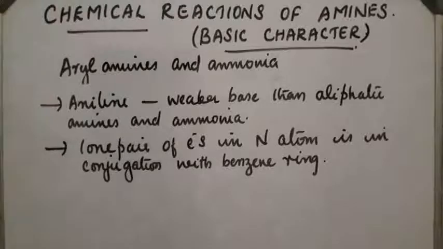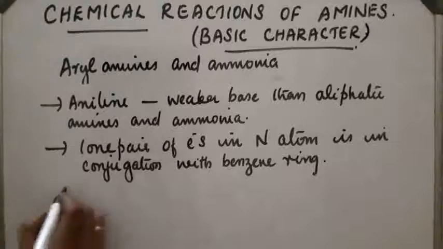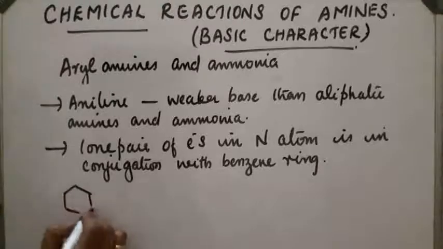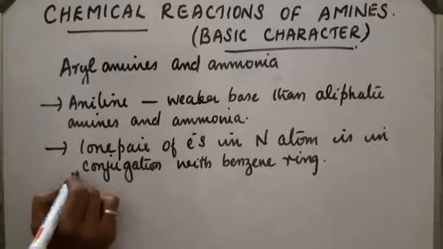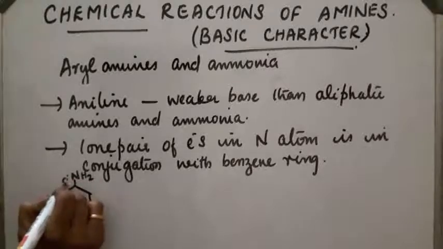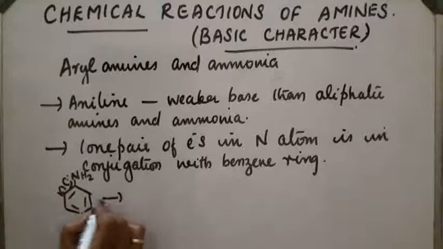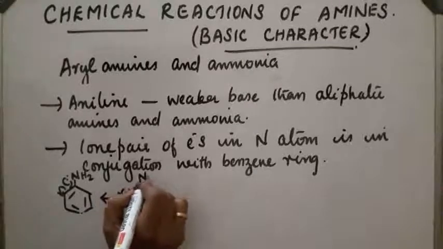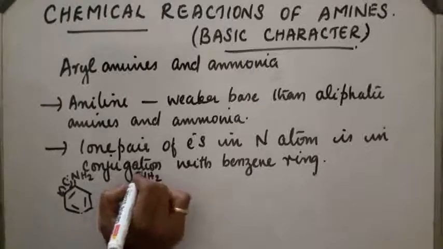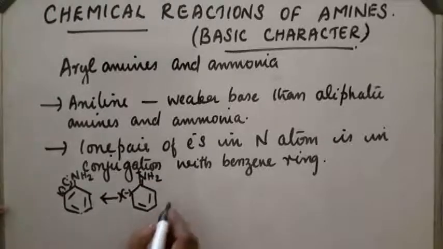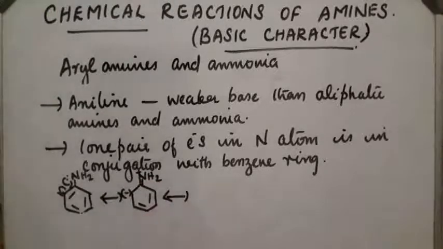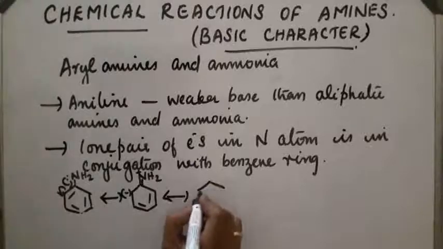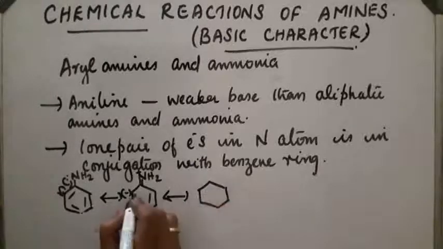Now let us see the different resonating structures of aniline, like this. NH2, this electron pair is in conjugation with the benzene ring and gets delocalized. NH2+, so the nitrogen atom is having a plus charge, which means the electrons are not available for protonation.